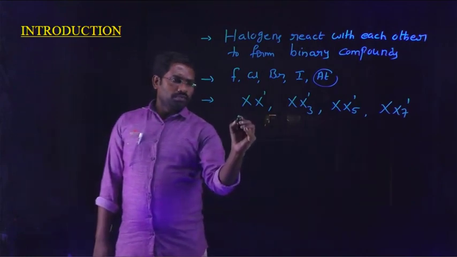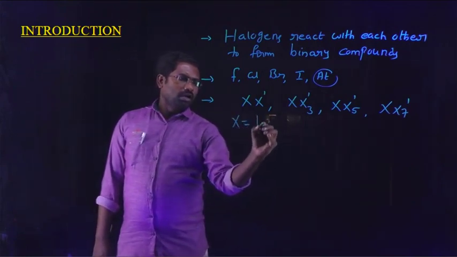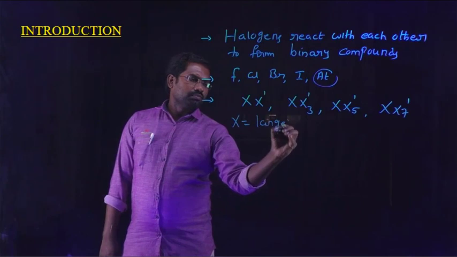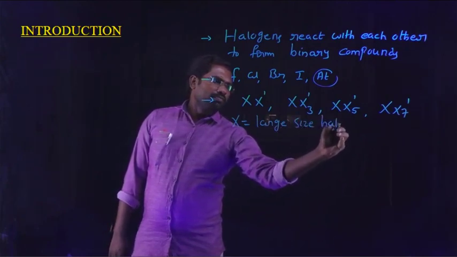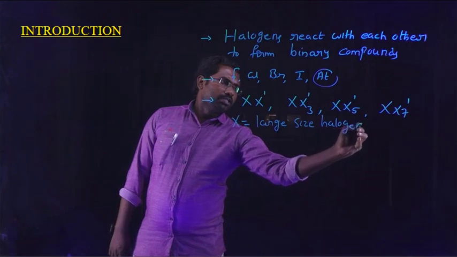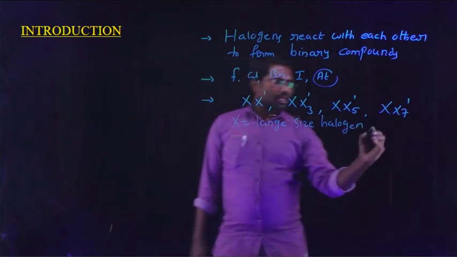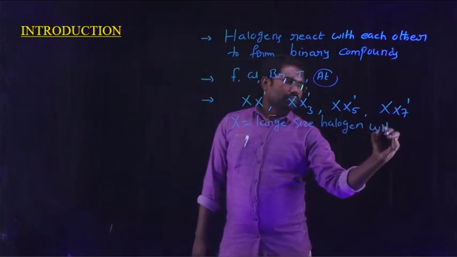In these, X is the large size halogen with less electronegativity.